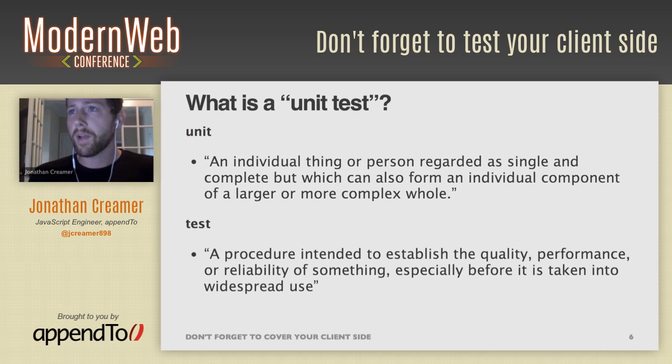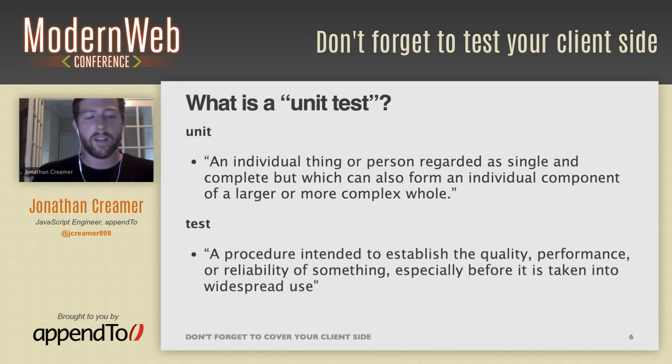But I want to jump back here for one more second because there's a couple things I really liked about these definitions that reinforced some of the ideas of unit testing in my head. First of all is the fact that it says it's an individual thing, right? And then second of all, single and complete. I really like that phrase because of what it emphasizes about a unit of code: it could be a small function that is a single function, but it is a complete function, right?